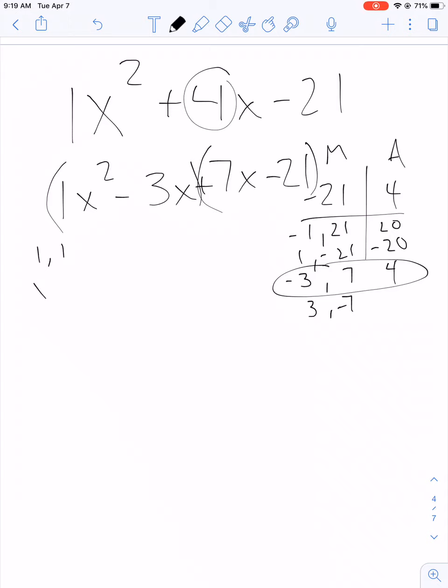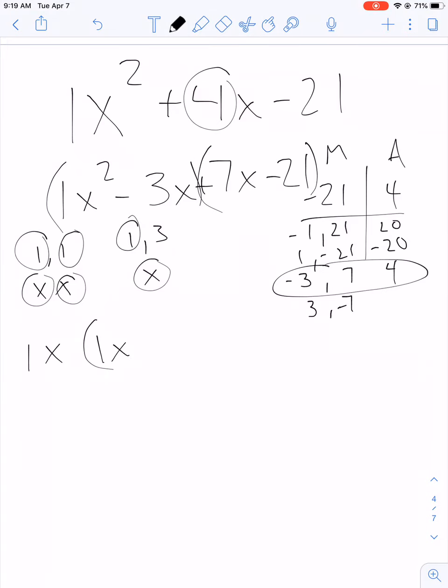1 times 1, x times x. 1 times 3, x. So the biggest is 1x. That goes outside. Looks like I have left over 1x negative 3. Over here, 1 times 7 and x. 1 times 21, 3 times 7.